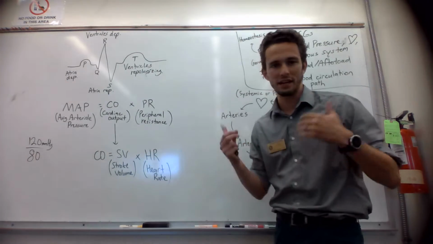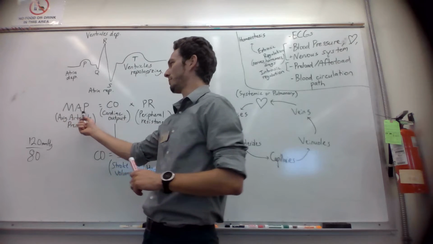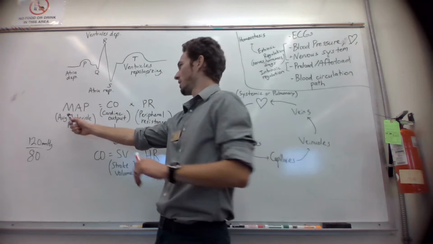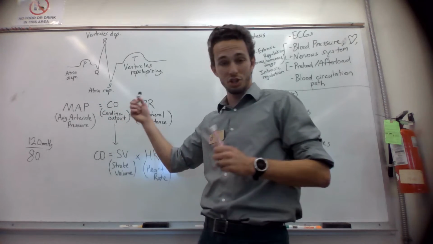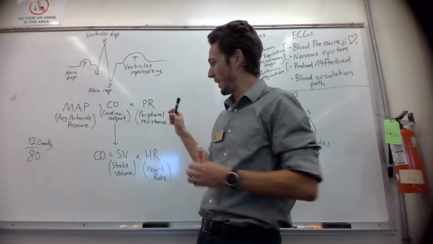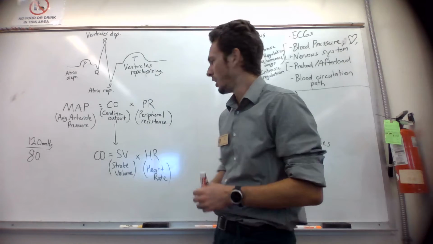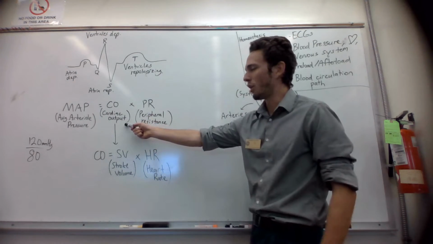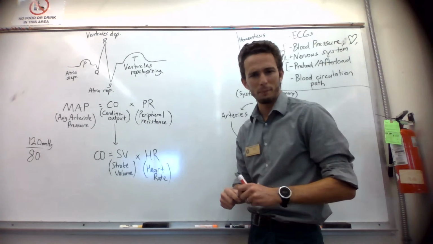First off, let's talk about the actual calculation. Arterial pressure, or mean arterial pressure, I said average because it's a better word, MAP, equals the cardiac output, so how much your heart's putting out every minute, times your peripheral resistance, so how much resistance your arteries are giving you when blood is pumped out. So, cardiac output also has its own equation. If you think about it, how much blood is pumped out per minute?